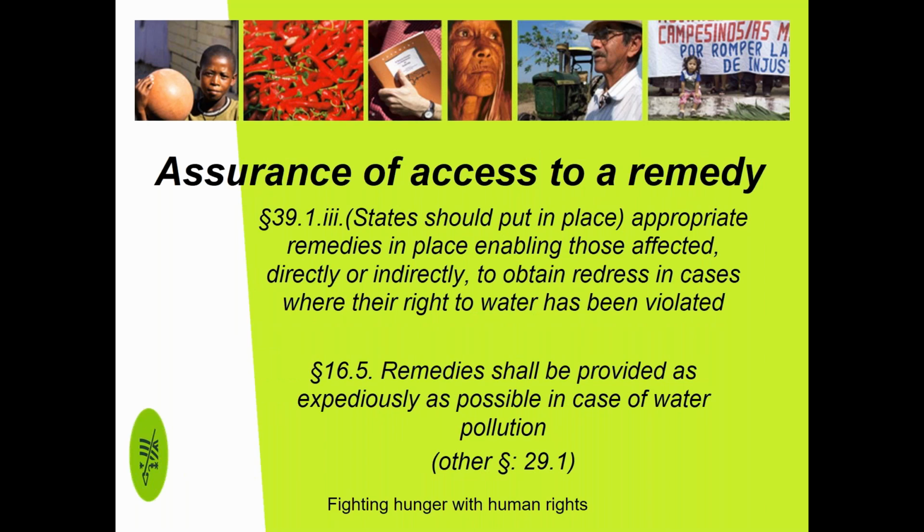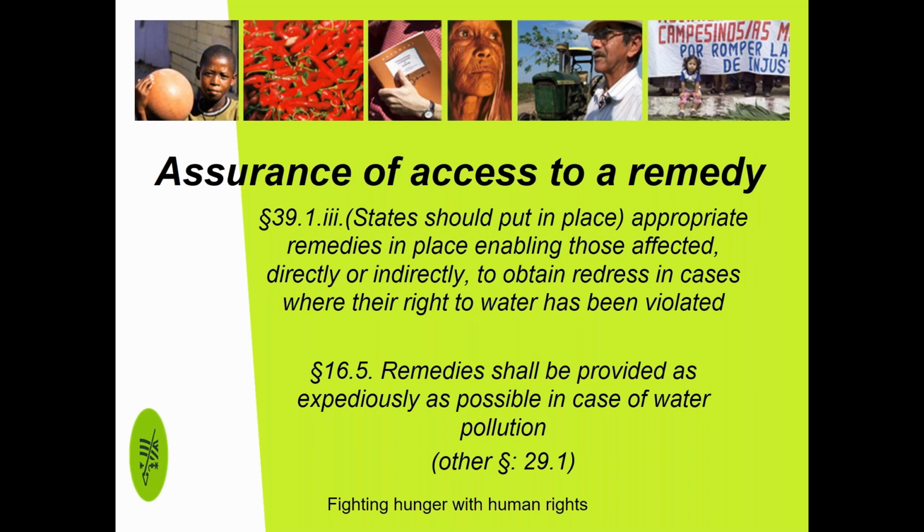Assurance of access to remedy is another element in the general obligations. This means, like paragraph 39.1, the state should put appropriate remedies in place, enabling those affected directly or indirectly to obtain redress in cases where the right to water has been violated.